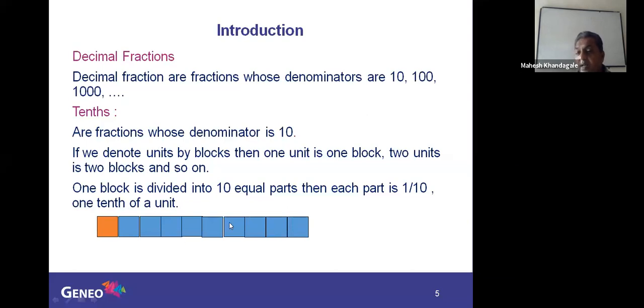So one block is divided into 10 equal parts. Then each part, the one shown here in brown color, so I have taken one part out of such 10 parts. So that is called 1/10. Okay. Also written numerically as 1/10. Okay. Any doubt?